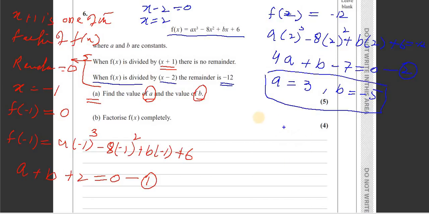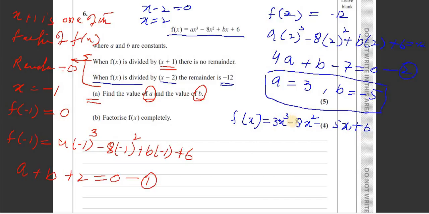My function f of x equals 3x cubed minus 8x squared minus 5x plus 6. This is my function, and I need to factorize this cubic equation.